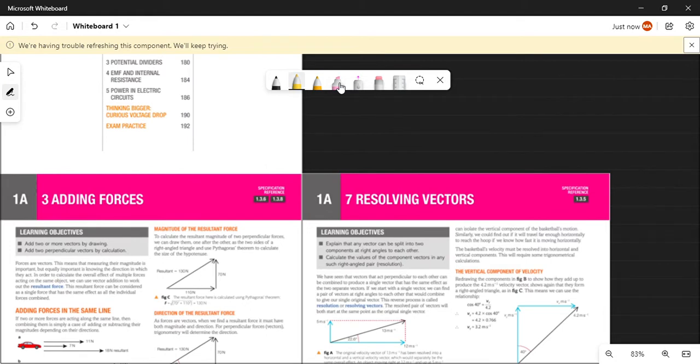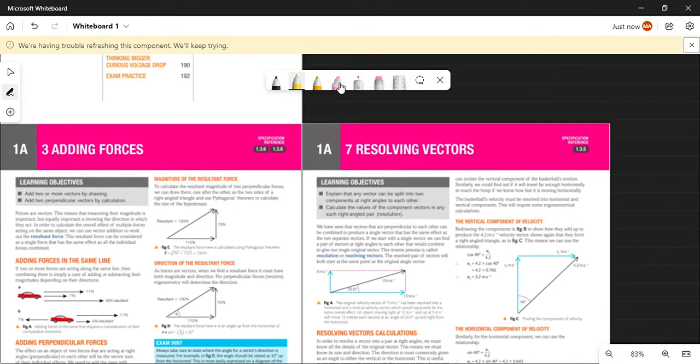So in this chapter 1A, we have 3 subtopics. We have 2 subtopics related to vectors: adding forces and resolving vectors. Forces, this is adding forces, but actually forces are also vectors. So adding two vectors or adding forces are the same.